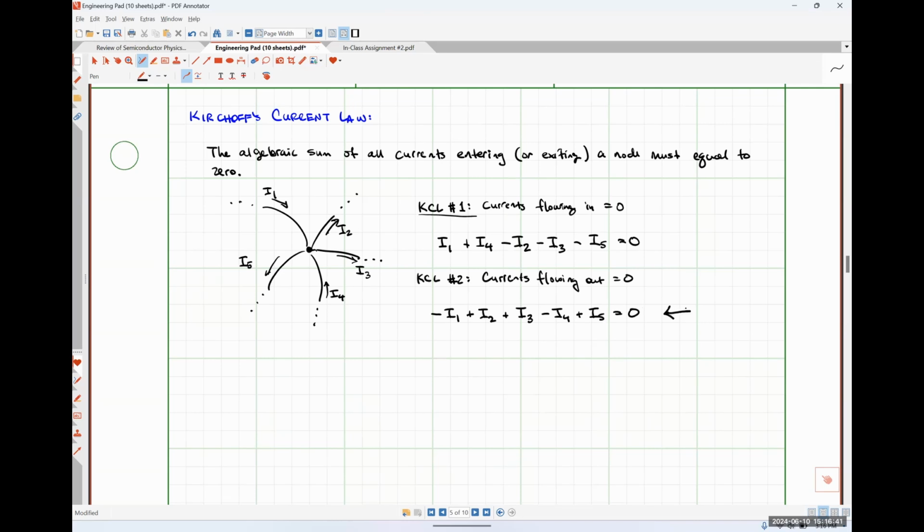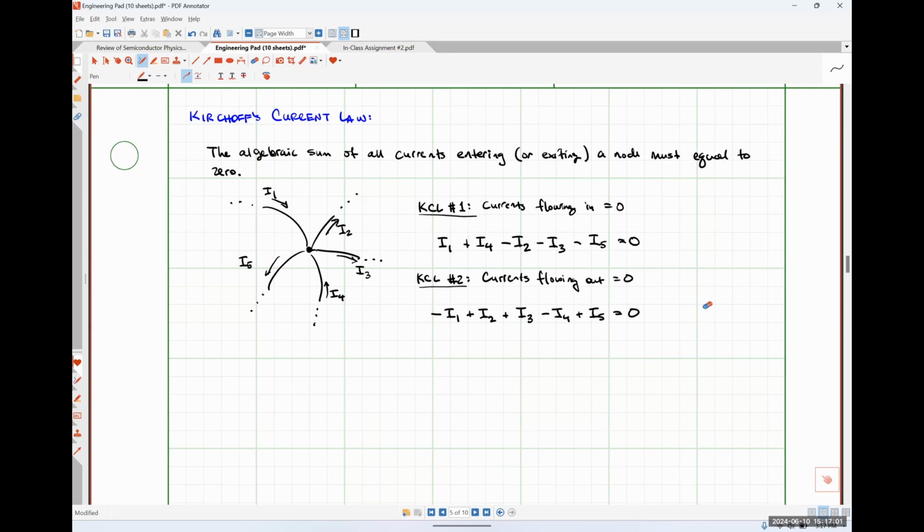Mathematically, what we have here is the exact same thing as what we have here, except it's multiplied by a factor of -1 because our reference direction is different. That's the only difference between these two relationships, okay? So they are literally the exact same thing and give us the exact same results.